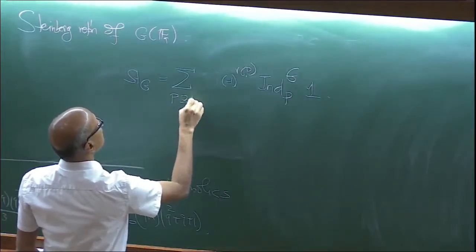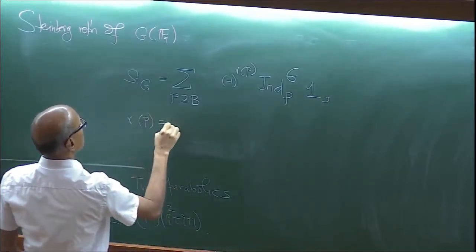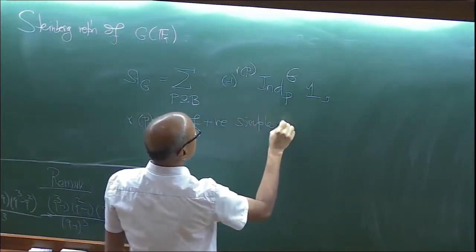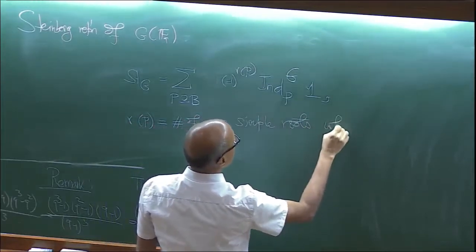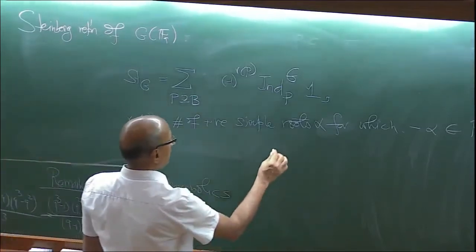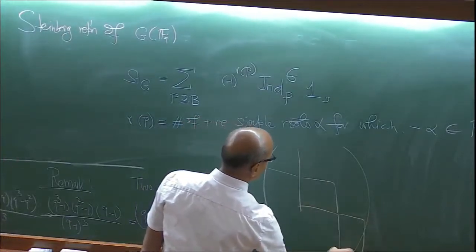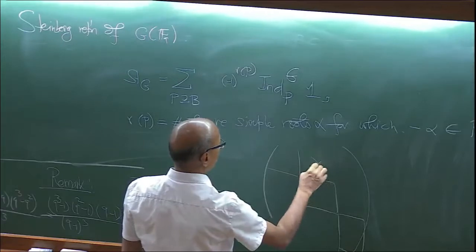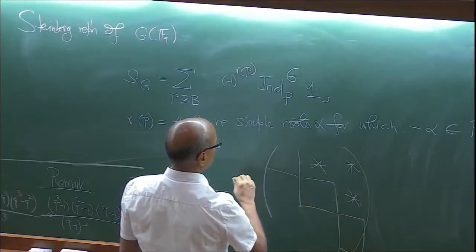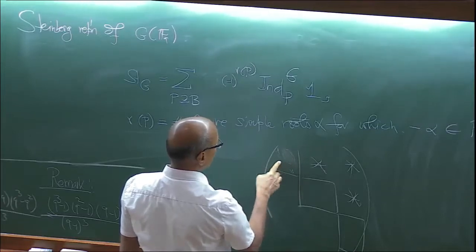Here P contains a given B, and Rp is the number of positive simple roots for which, maybe in some pictorial sense, a parabolic looks like this, and for this parabolic, there are roots which are contained here, which also have a negative.